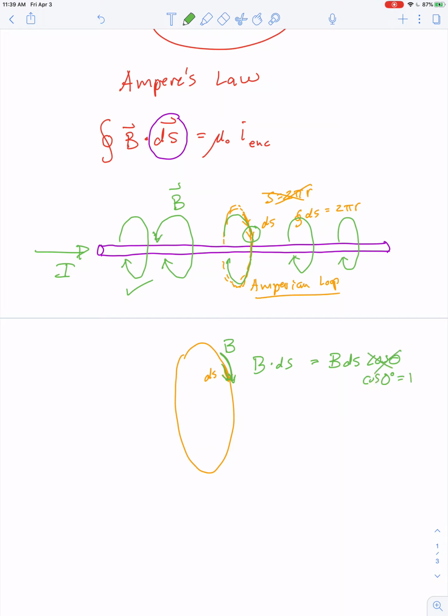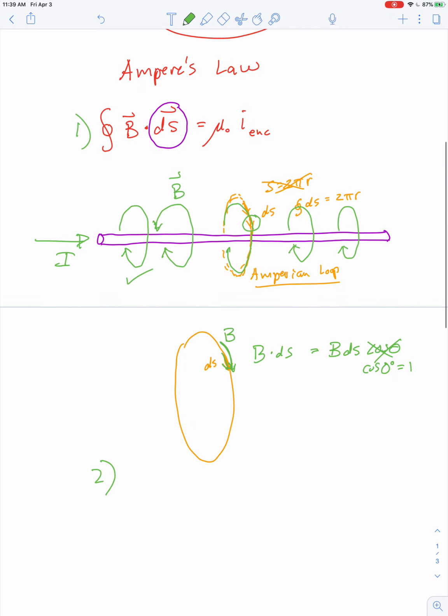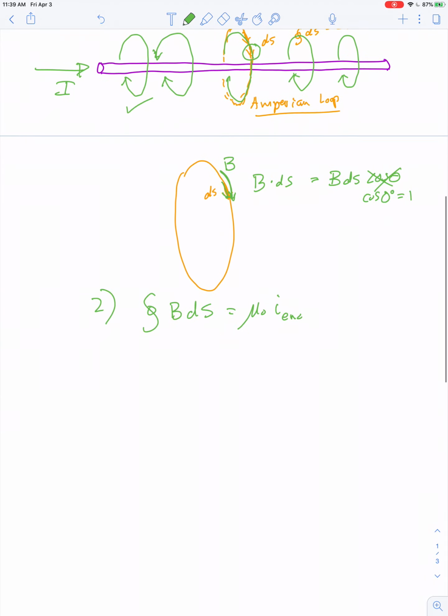And so I can simplify from step 1 to step 2 and say it's the total integral of B ds. I can get rid of the vector nature and get rid of the dot product. And that's equal to mu naught times the amount of current enclosed by that Amperian loop.